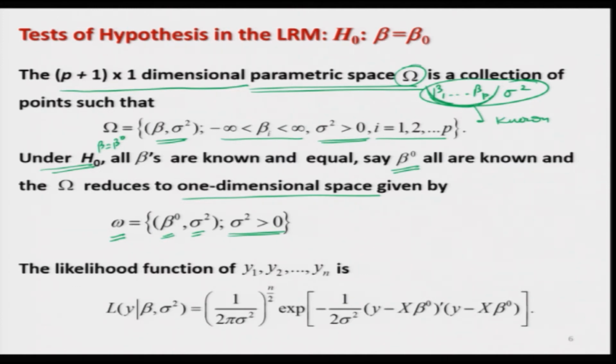Now, because you have assumed the normal distribution, you can write down the likelihood function of y1, y2, up to yn, which we have already done when we derived the maximum likelihood estimates of the parameters. This is the likelihood function: 1 upon 2 pi sigma square raised to the power n by 2, times exponential of minus 1 upon 2 sigma square, y minus X beta naught transpose into y minus X beta naught.